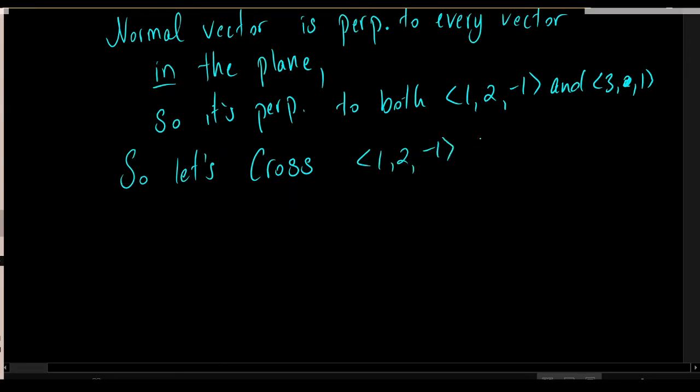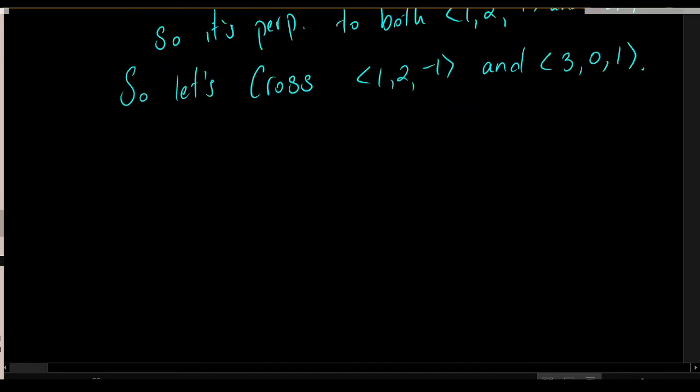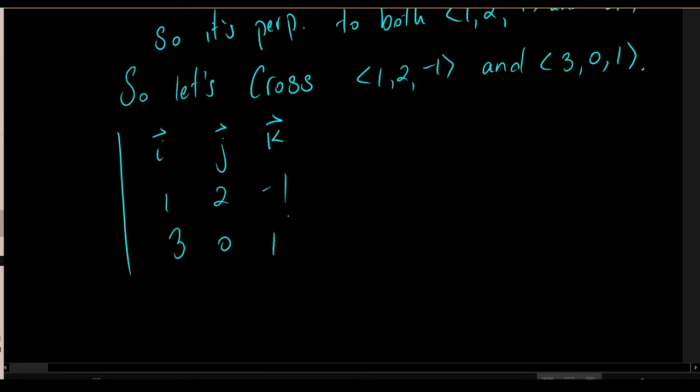The cross product of two vectors was perpendicular to both of the vectors that you used in the cross. So, here is our matrix determinant with i, j, k in the top row, 1, 2, minus 1, in the second row and 3, 0, 1 in the bottom row.